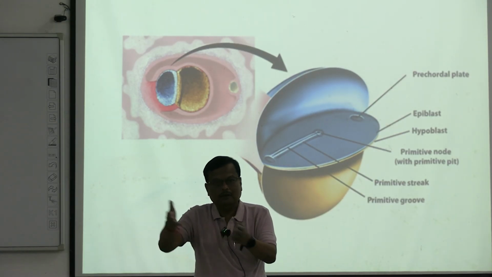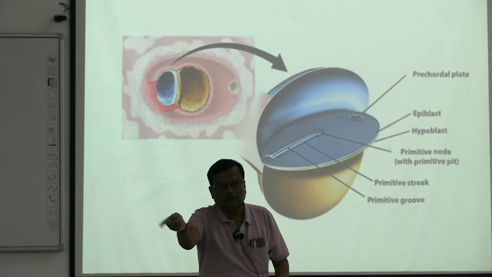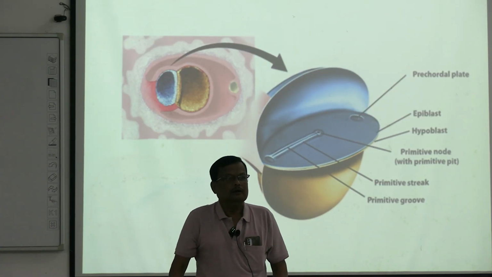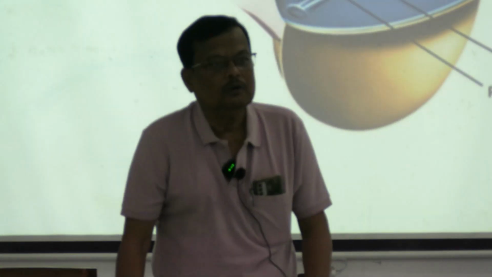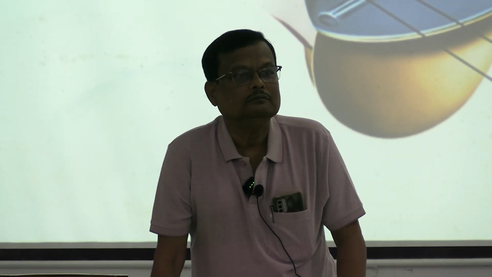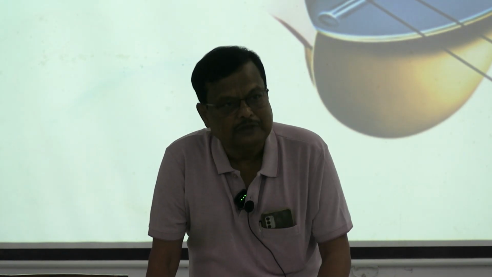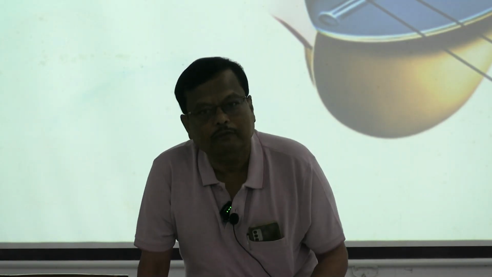They come, they replace themselves and they sit there. And now we will call them, যারা নতুন এলো, কি বলবো? Endoderm. So hypoblast cell never produce endoderm. Epiblast cell replaces hypoblast cell and form the endoderm.